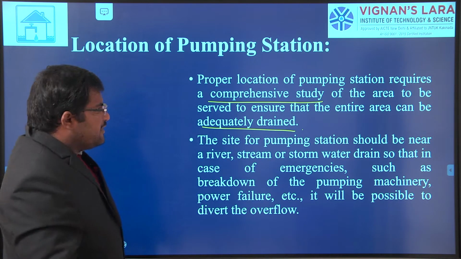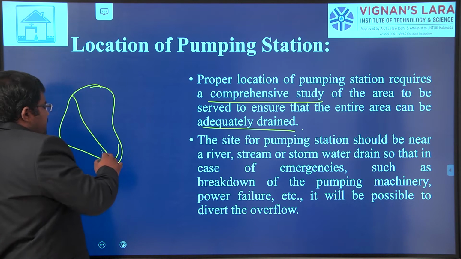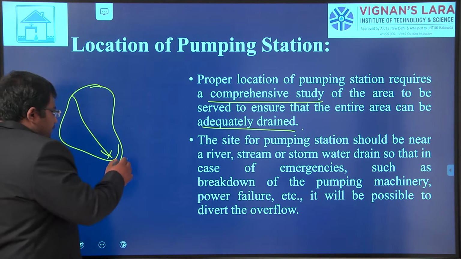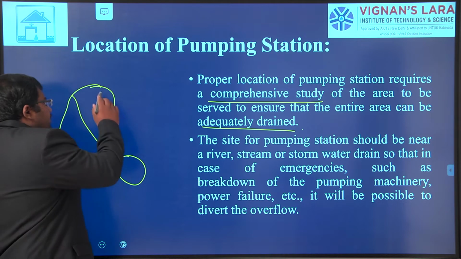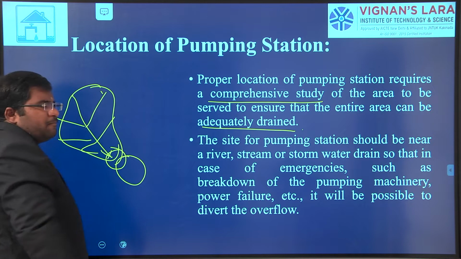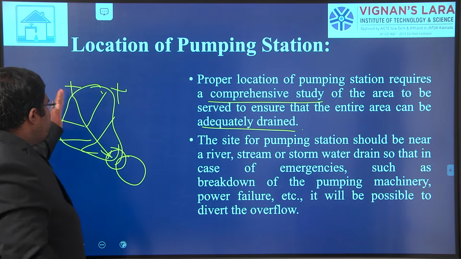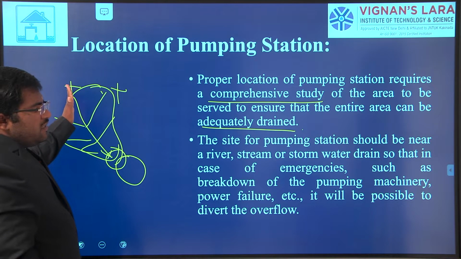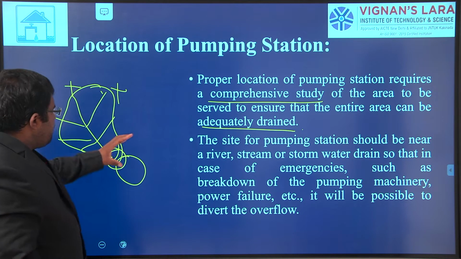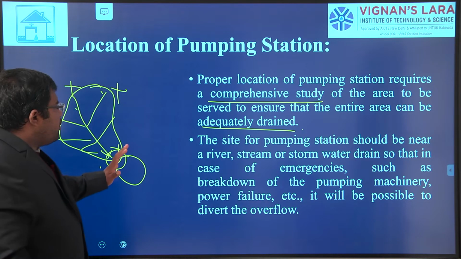If you take an area with a slope like this, you have to place your pumping station where all the drainage will come and collect. It should not be located here or here, since we can't get all the sewage there. The slope is towards this point, so the point which can collect all the sewage from the complete area is the location you have to select.